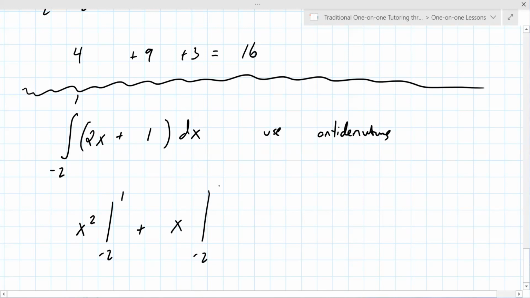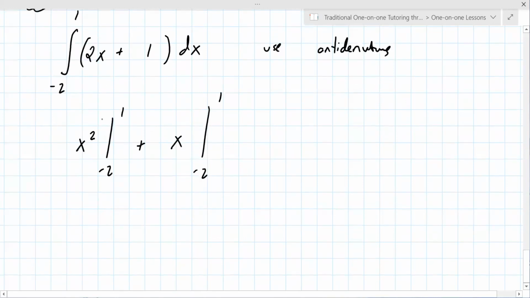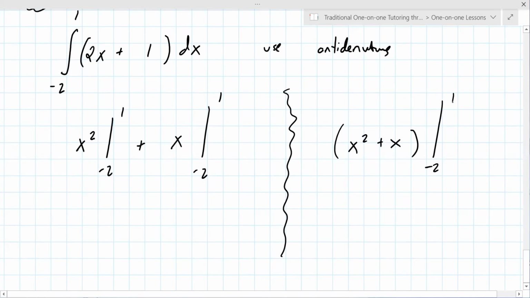Now there's actually a choice here. This is correct on the left, but you can also do it together so that you're evaluating the whole thing from -2 to 1. As you progress in the course, you'll find that this is the preferred approach. It's less writing, because it's 1 squared plus 1 minus -2 squared plus -2.